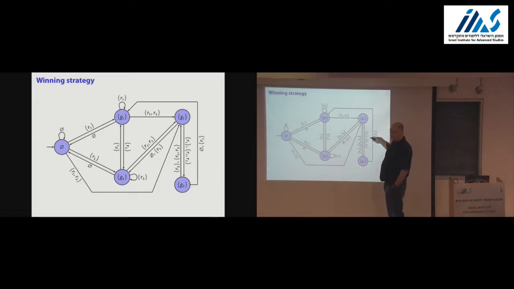What's interesting about this is that at this point we need a little bit of memory. We need to remember that there is an outstanding request. And there might, of course, be simpler strategies to realize all that. So for example, I could just alternate the grant between the two clients, no matter if they have requested a grant or not, right? But in particular, this would be a winning strategy for my game. Yes?